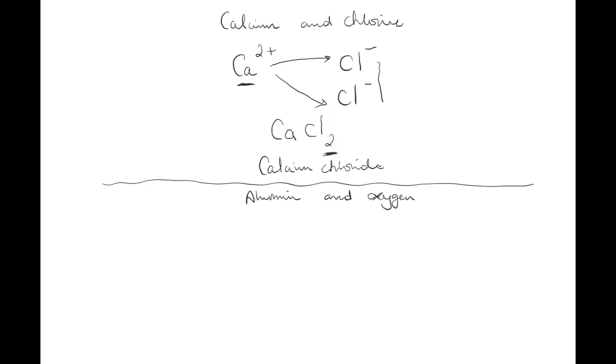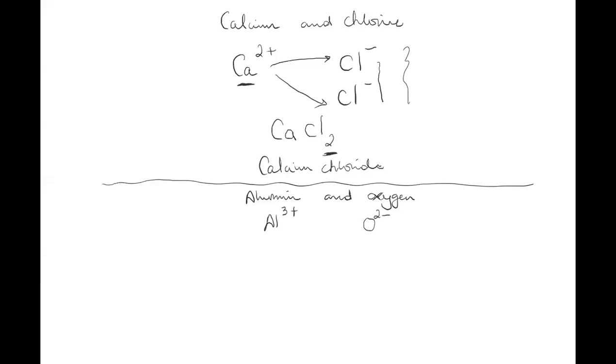There'll be a transfer of electrons from the metal to the nonmetal. We know that aluminum is in group 3A, and it forms an ion with a +3 charge, and oxygen is in group 6A, and it forms an ion with a -2 charge. I can show you the longer process, but I will just show you the crisscross method here because it's much easier.